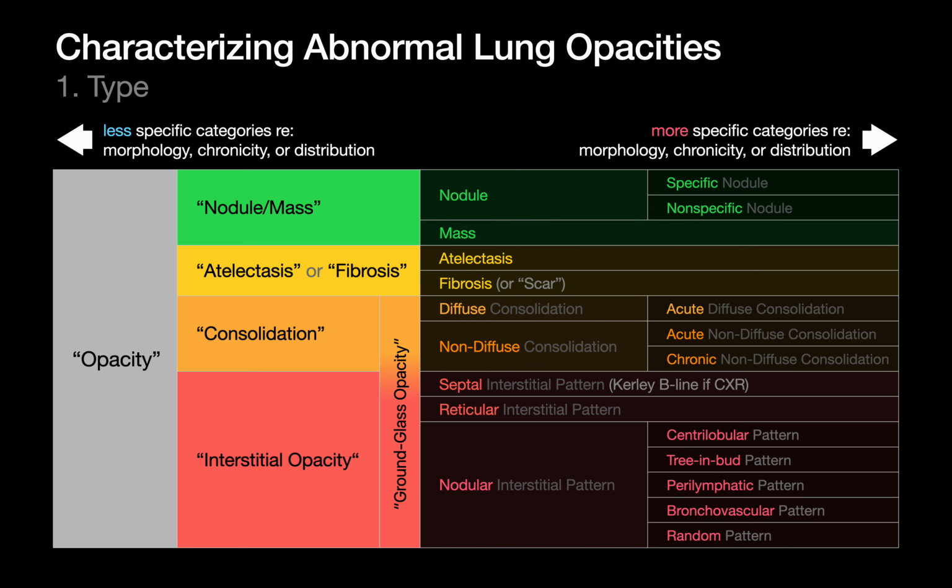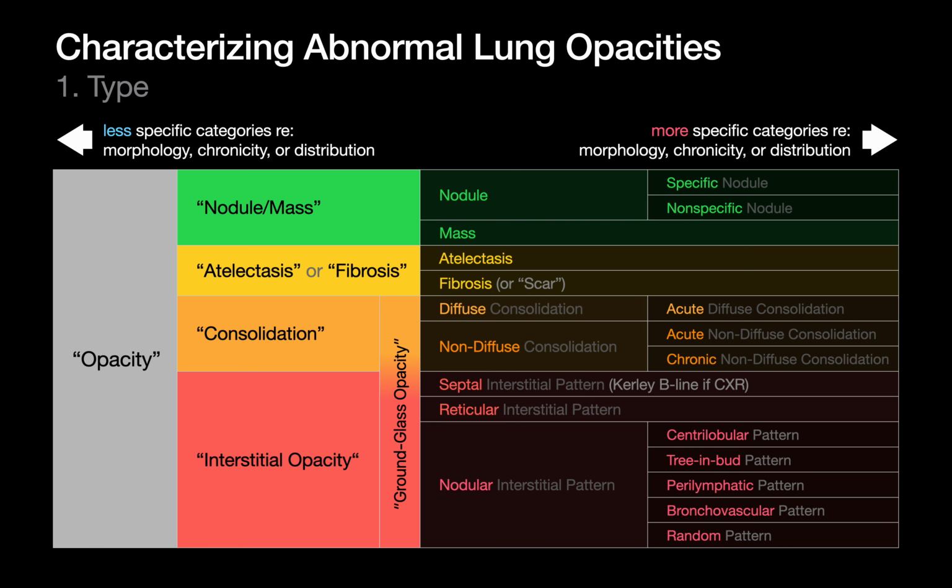It's a special situation that can happen if you have consolidation that's incomplete enough that you can still see through it, or you have an interstitial opacity pattern that's so fine that it's below the spatial resolution of the pixels in your image. And when either of these things happens, the opacity looks partially transparent, almost see-through. That's what we call ground glass.